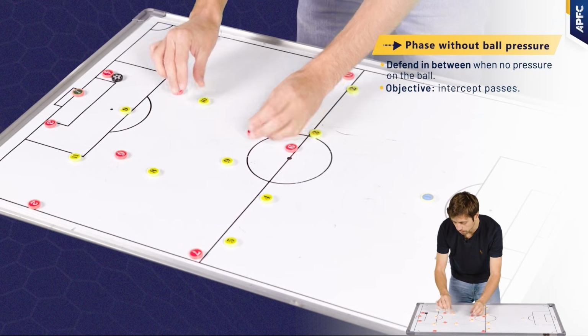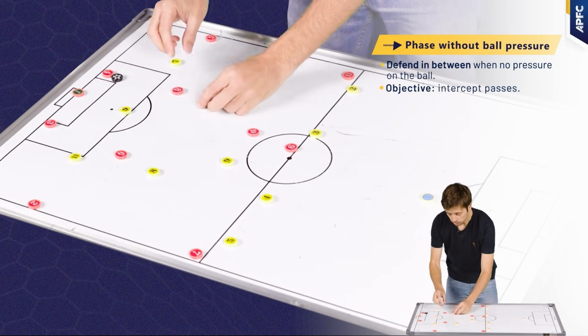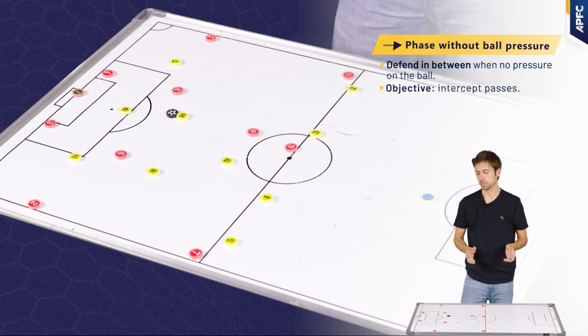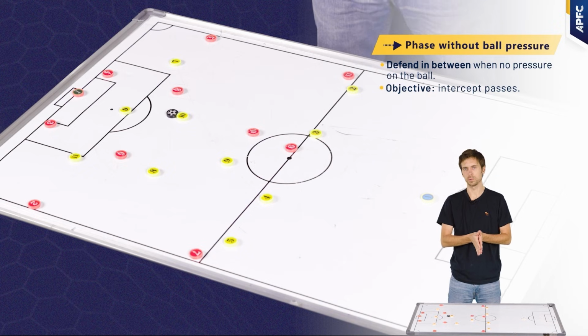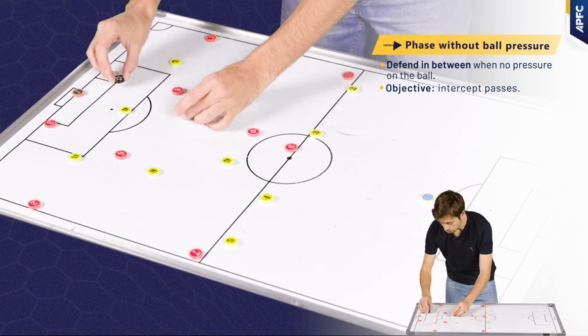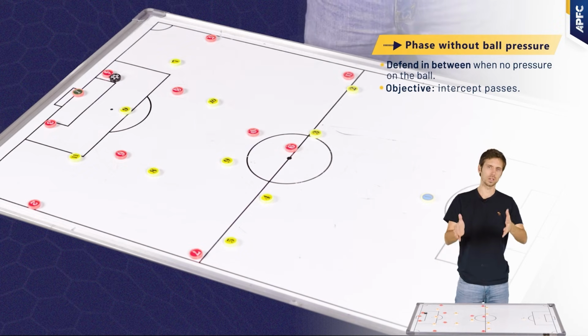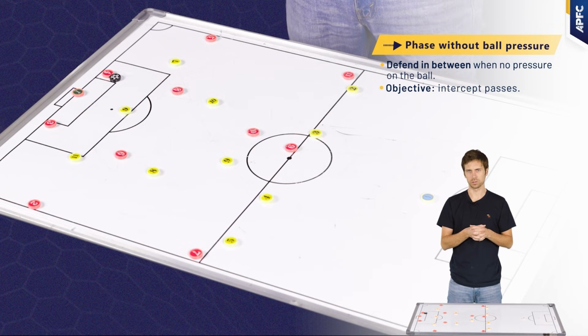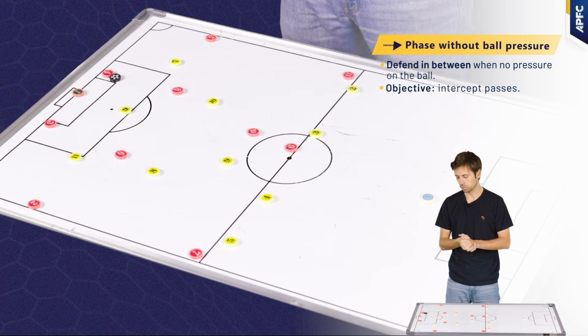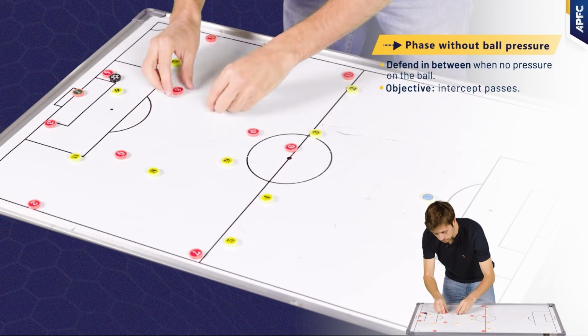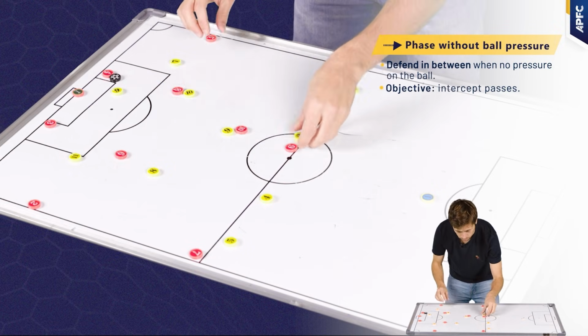In this case, number 10, because he's not man marking, is able to intercept the ball, allowing the ball to be recovered. The other option is that we go into the ball pressure phase. So now there is pressure on the ball, and we are able to defend a little bit closer.